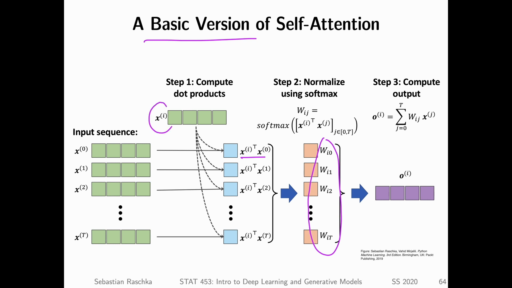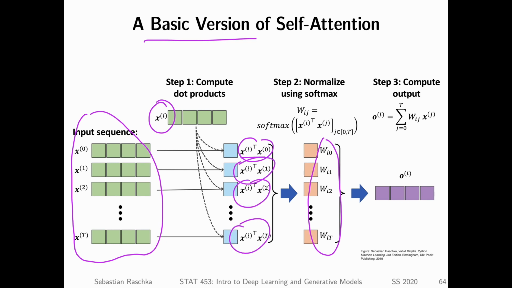So given a current input data point, we compute the dot product of this input with all the other inputs in the input sequence. We get these dot products and they form our attention weights. So depending on how you learn the word embeddings, the idea is the more similar the words are, the larger the weight, so the more attention the network will pay to it.